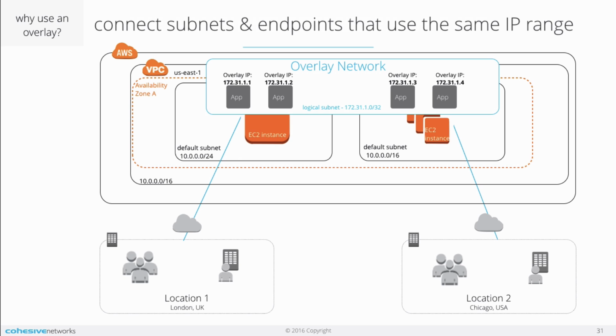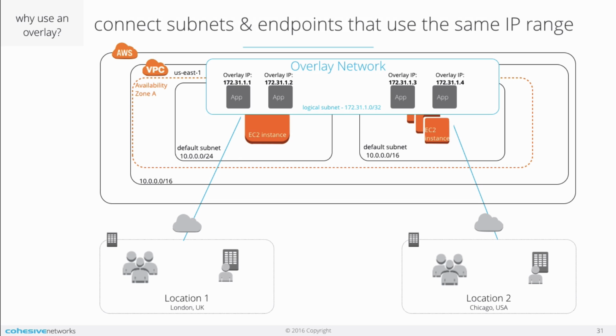In the overlay network, you can create a completely different logical subnet. So here in this example, we used a logical subnet of 172.31.1.0/32, and then assigned each application its own consecutive IP address.